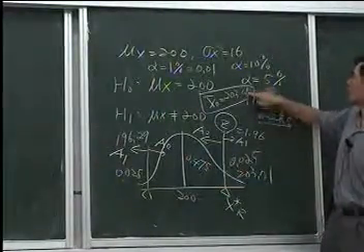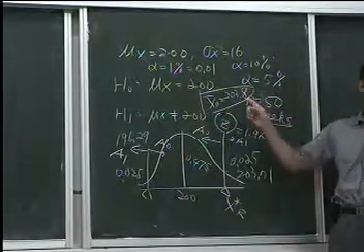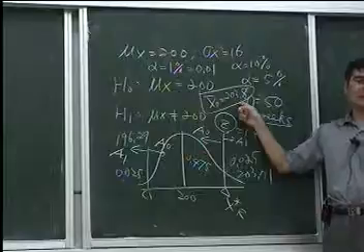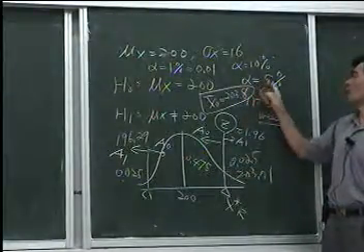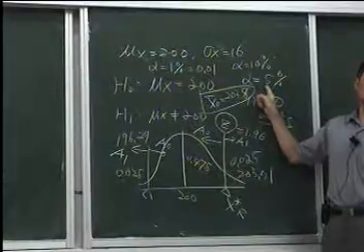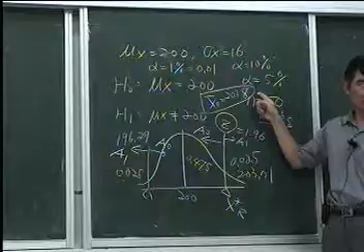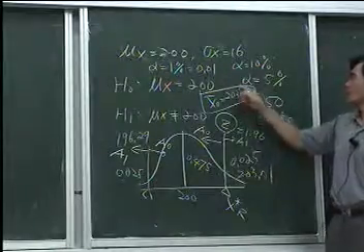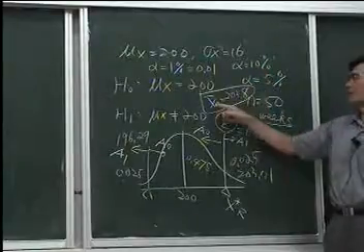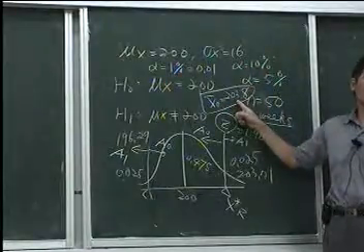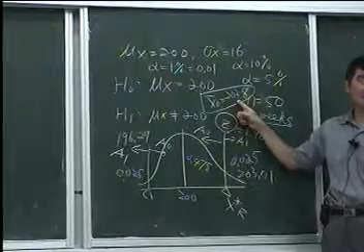But let us say it is 203.8. What would you do now? When the significance level is 5%, we accept H naught, reject H1. But when the significance level is 10% and x bar 0 is this, what will we do? We will reject H naught and accept H1.